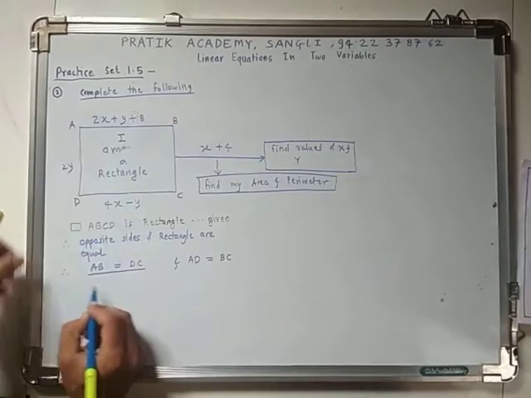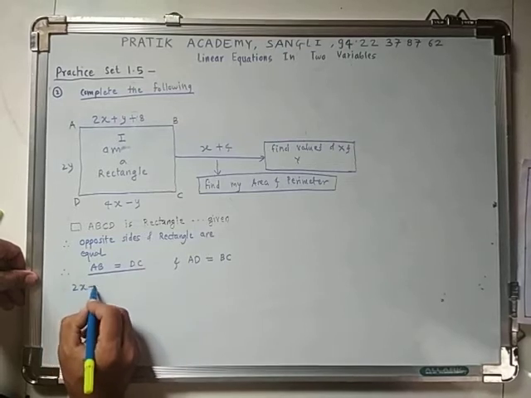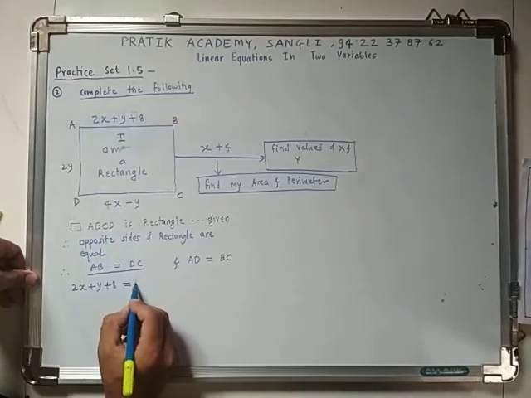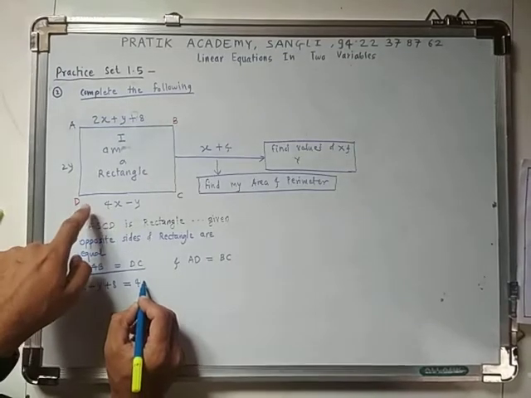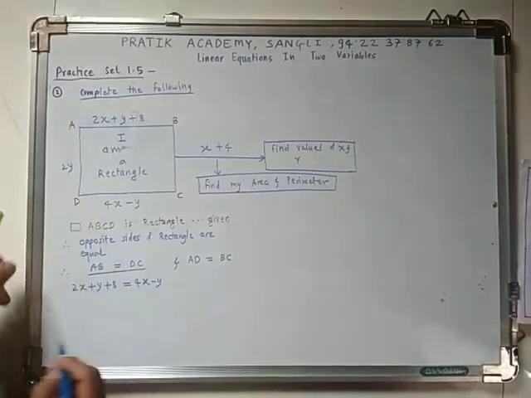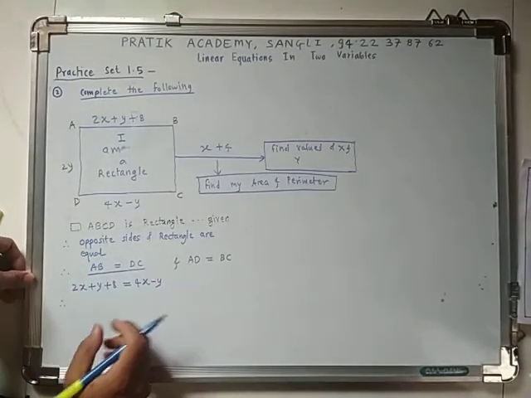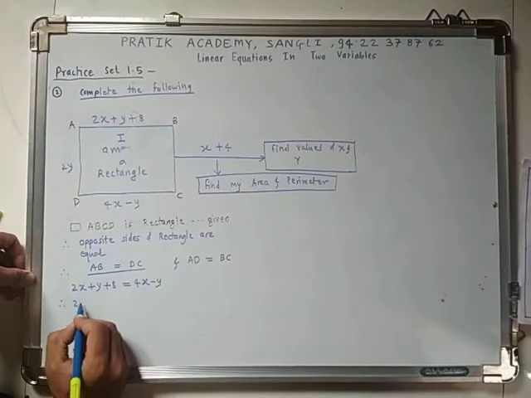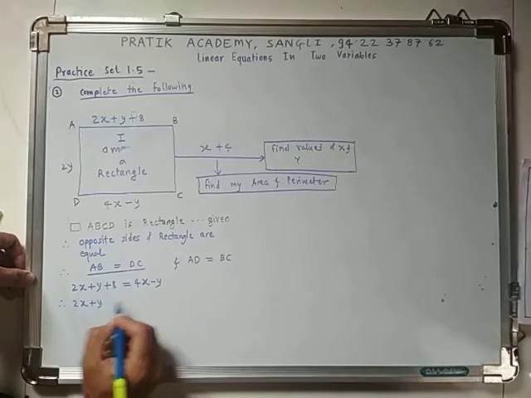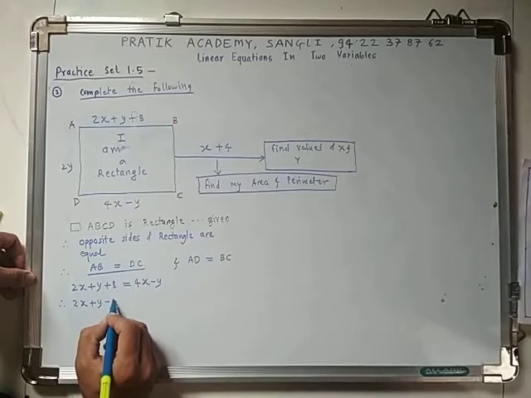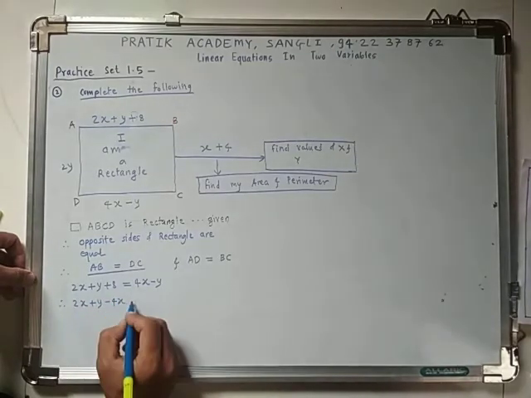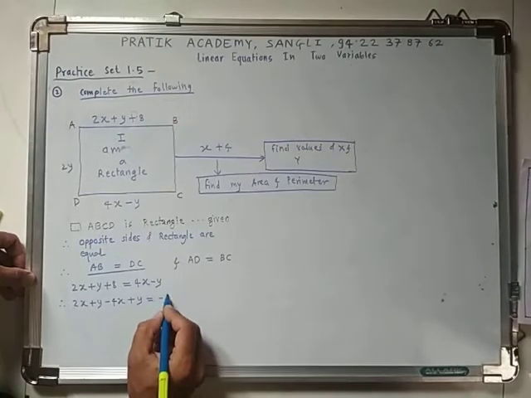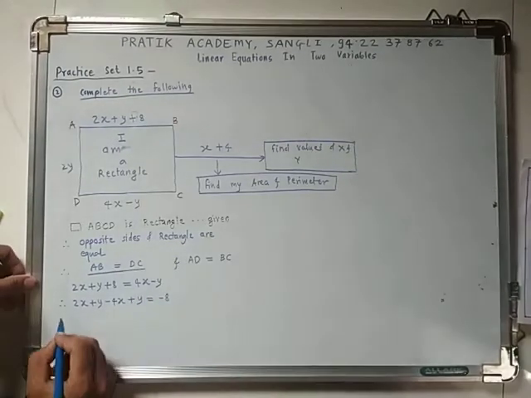What is the length of AB given? 2x plus y plus 8. This is equal to DC. DC is 4x minus y. Therefore I will adjust terms here. 2x plus y, this 4x will become minus 4x here, minus y becomes plus y, and this 8 will become minus 8.